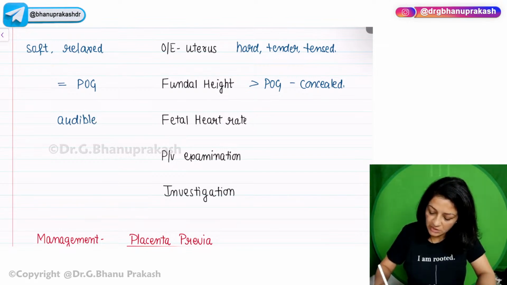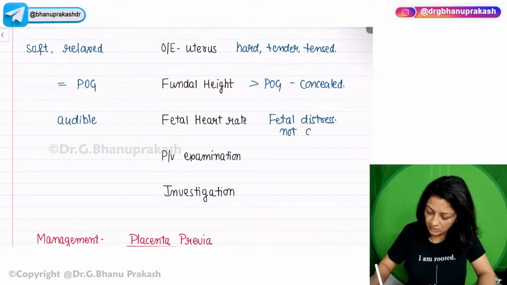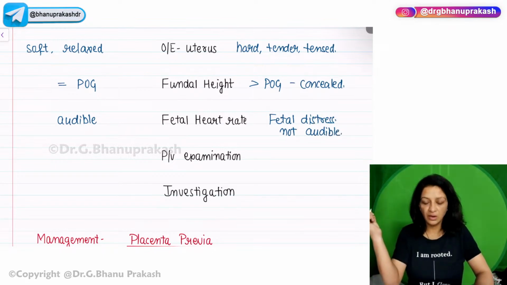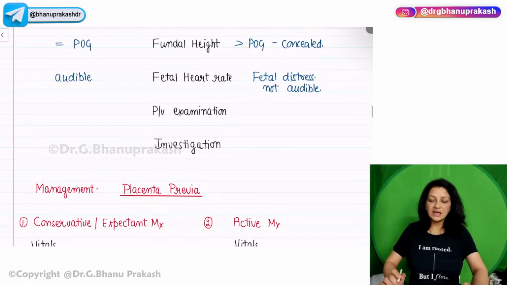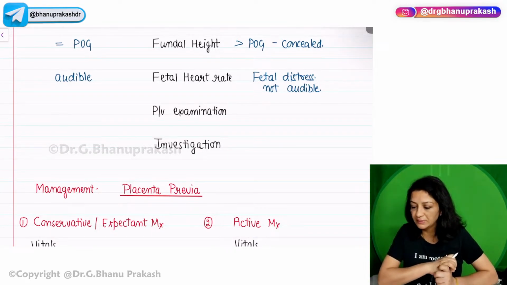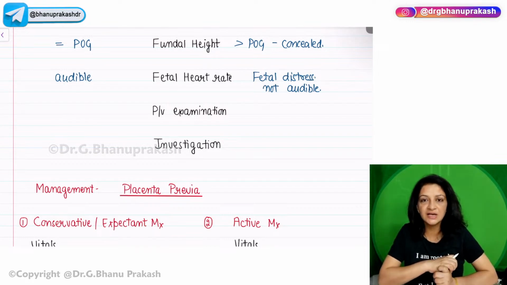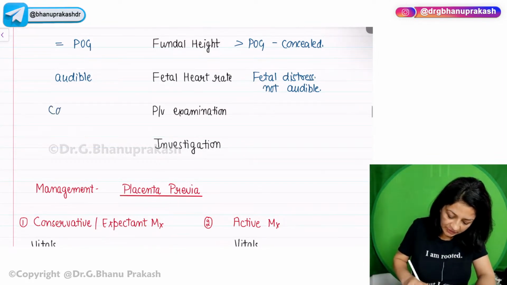Abruptio में because of fetal distress, sometimes not audible. So PV examination. Okay, tell me PV examination in case of placenta previa. PV examination in case of placenta previa is contraindicated.